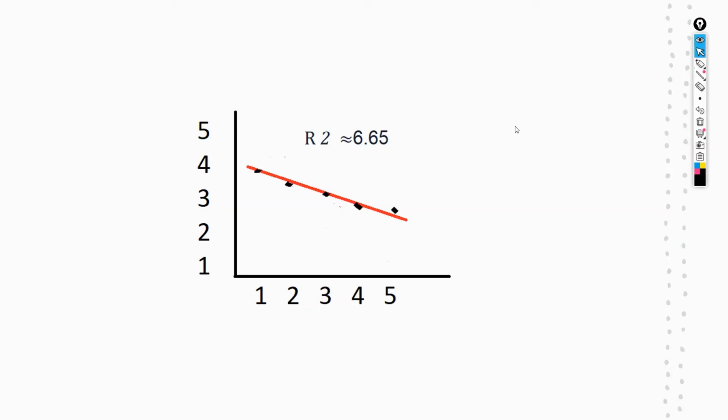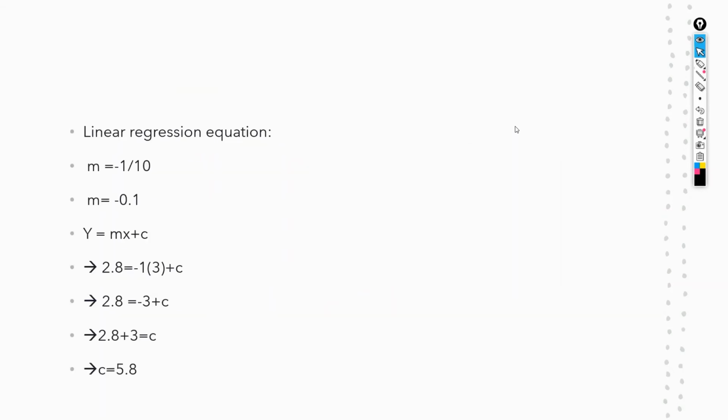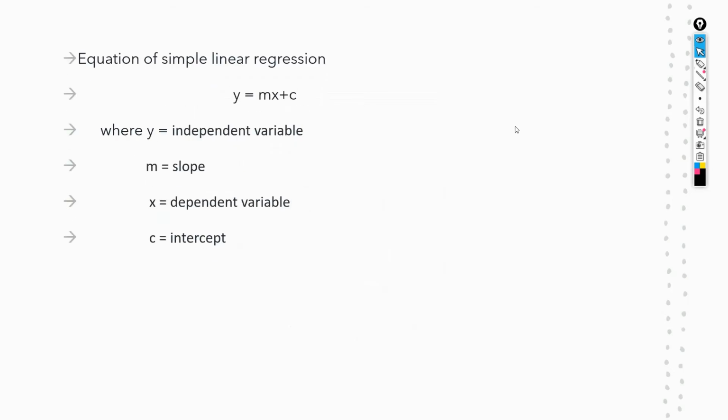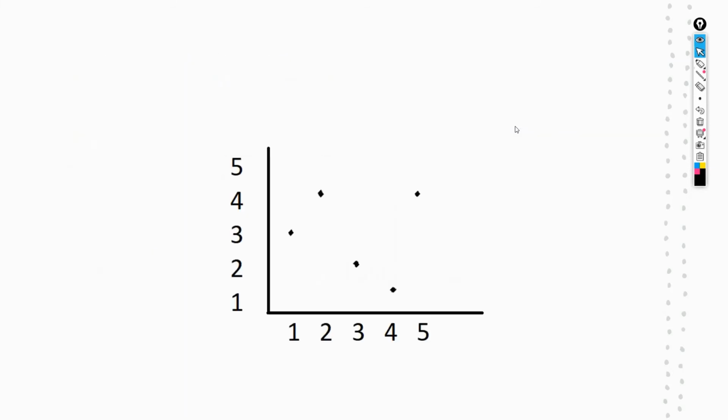Okay, I hope this is the overall picture about regression using the least square method. You can go through it. There is also the cost by using gradient descent, and we can find the regression there.